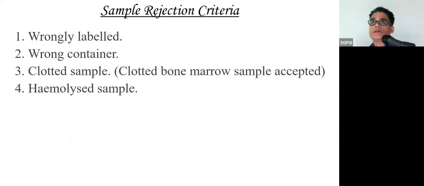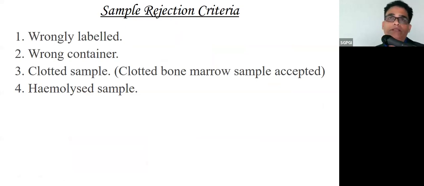When dealing with sample processing, what should be the sample rejection criteria? In the context of CBC, you cannot take a wrong container or a clotted sample, because that affects results like hemoglobin, WBC count and platelets. But in flow, the only rejection criteria is a wrongly labeled or unlabeled sample.